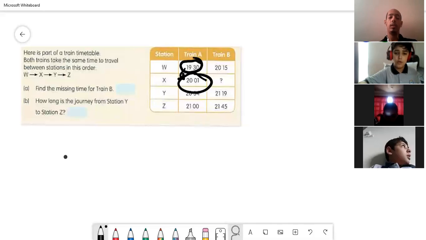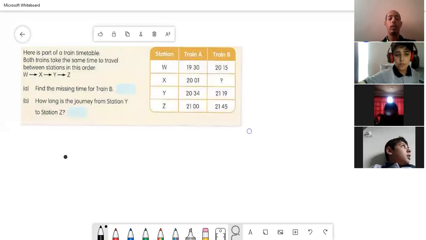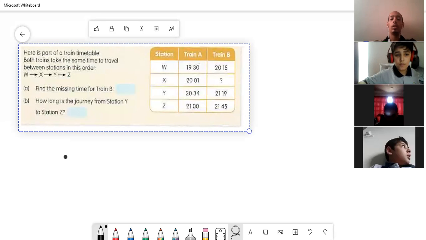This time is the same as train B takes to travel from station W to station X. So how do we find the travel time from station W to station X for train B? Who can tell me?